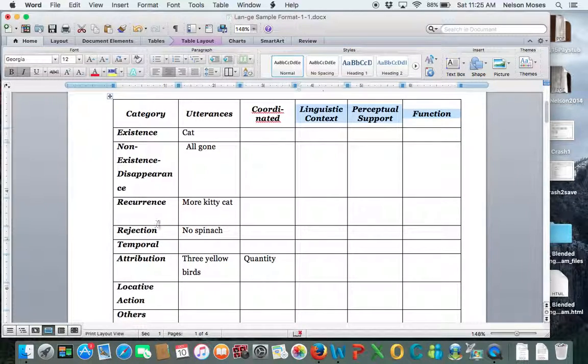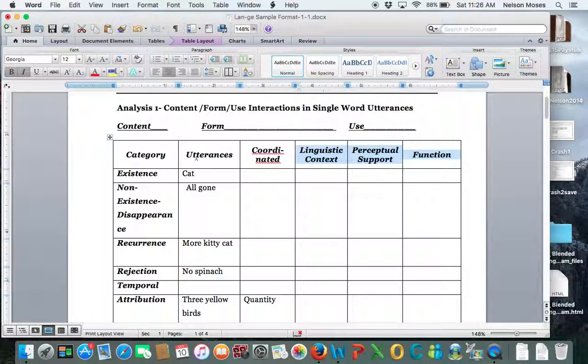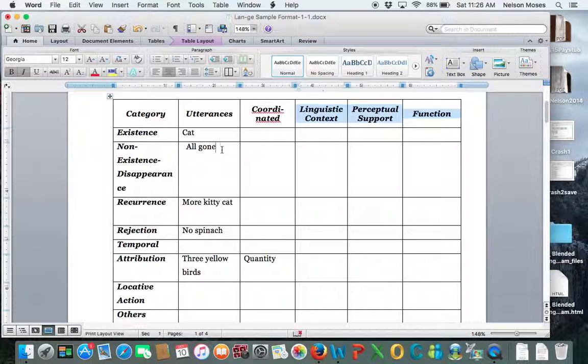So, this is what you do. You identify the non-verb utterances in your language sample, the ones that have no verb. You figure out what content category you feel they belong to, and you categorize them on this level 2 sheet. And you put all of the utterances that fall within the content category that you identify in the appropriate slot.